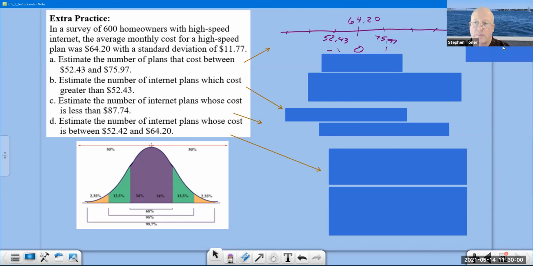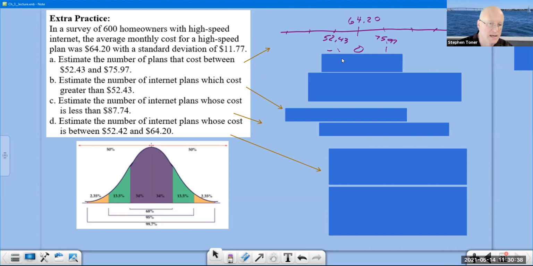Here's my 64.20 in the middle, and I went tick, tick, tick to the right and tick, tick, tick to the left. I only bothered subtracting off the $11.77 and adding it one standard deviation out, because I noticed that matched the numbers I needed in part A. Beneath the graph, I wrote the z-scores, one standard deviation above and one below, to help organize what we're dealing with.